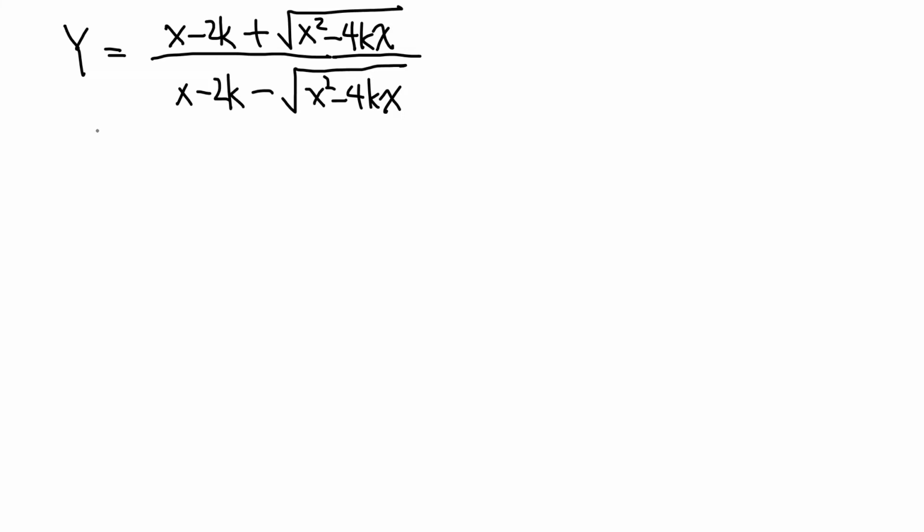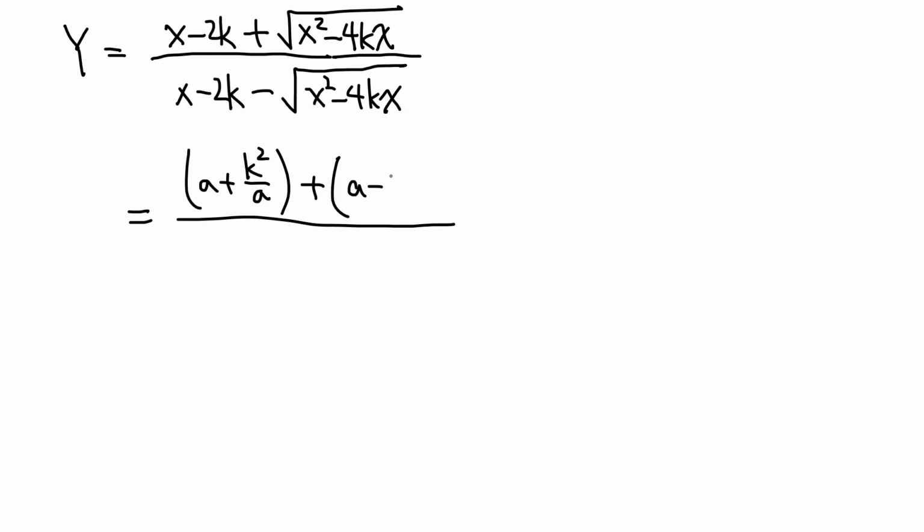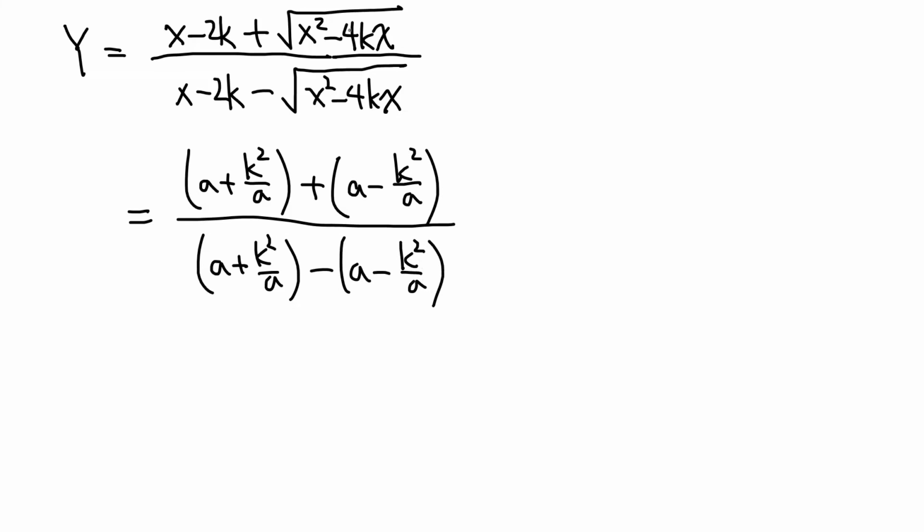Okay, let's calculate y. And x minus 2k was a plus k squared over a. And the square root of x squared minus 4kx was a minus k squared over a. And the denominator, we do the same, a plus k squared over a minus a minus k squared over a.